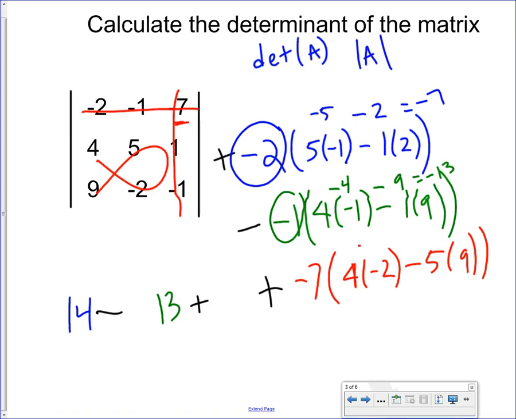And in the parentheses we have -8 minus 45. Okay, so that's feeling a little bit big. So I might want to grab a calculator just to double check these numbers. So I should get that -8 minus 45 is -53.